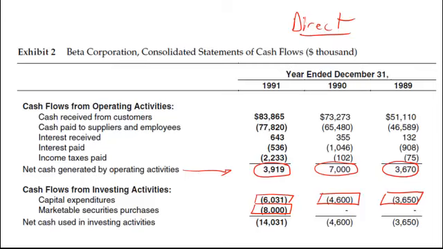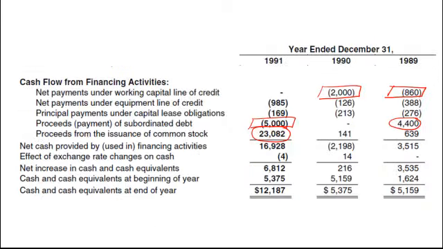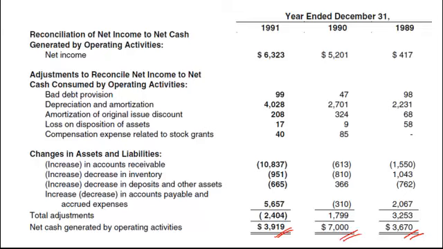In the top part, we explained them by looking at actual inflows and outflows, collection from customers, and payments to suppliers and employees. But on the bottom part, we start from our net income, or net loss, in this case net income, and we reconcile net income by adjusting it for non-cash items or changes in working capital items up to the part when we can explain net cash generated by operating activities.